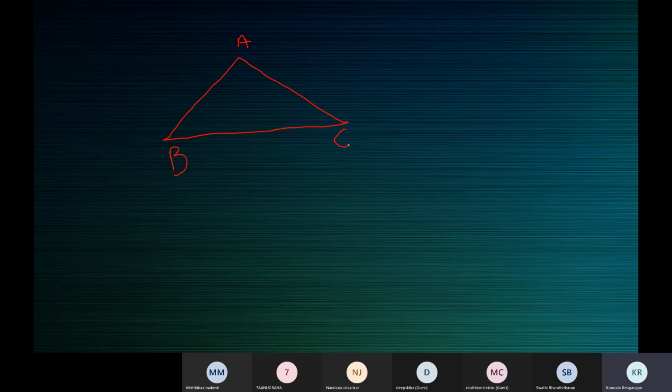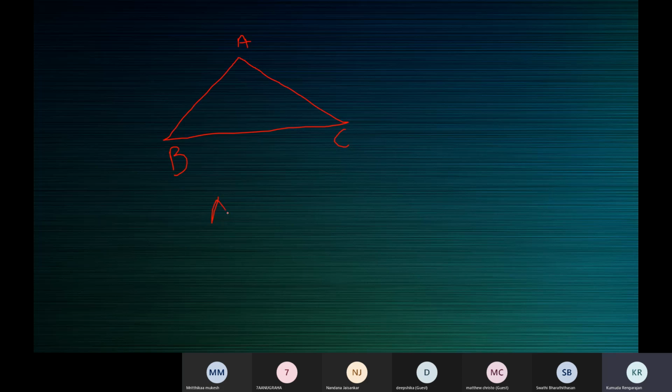How do you name this triangle, Mritika? Deepshika, how will you name this triangle? Ma'am, ABC, ma'am. Triangle ABC.